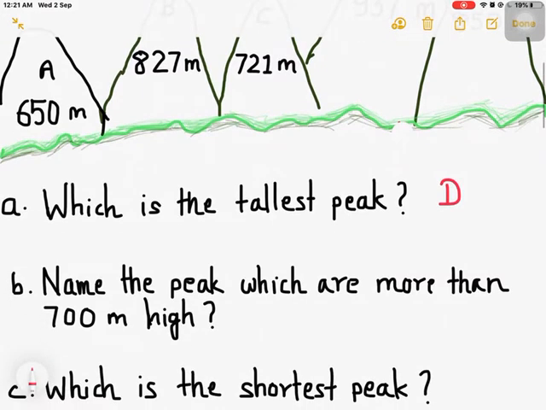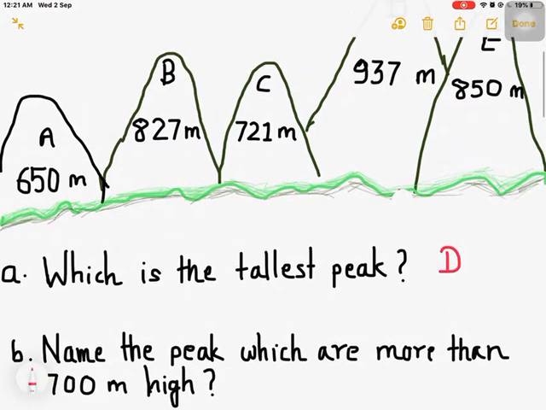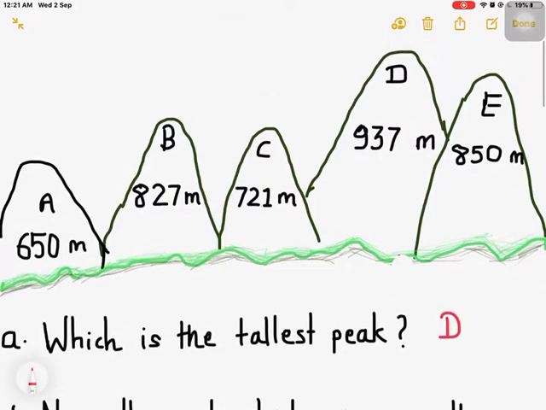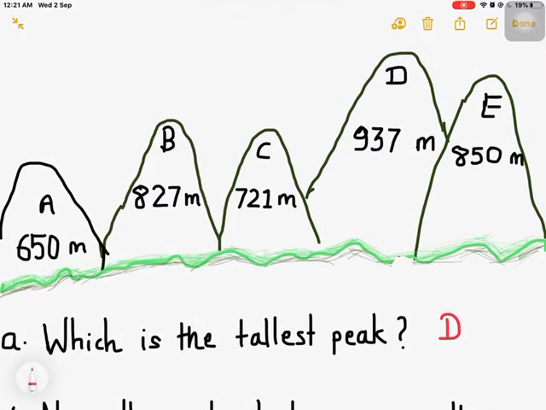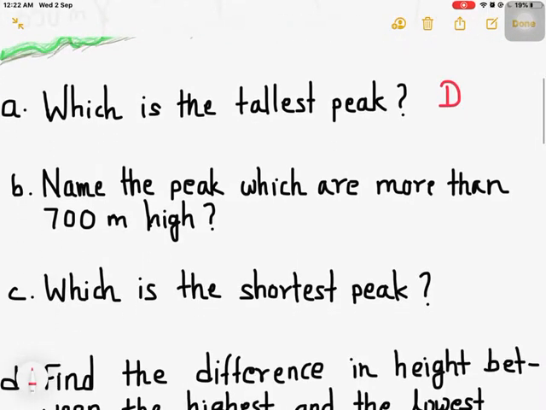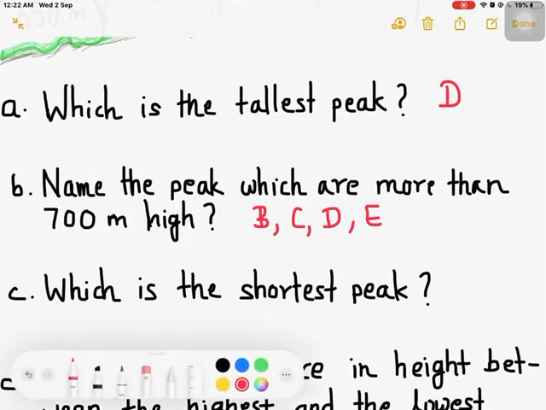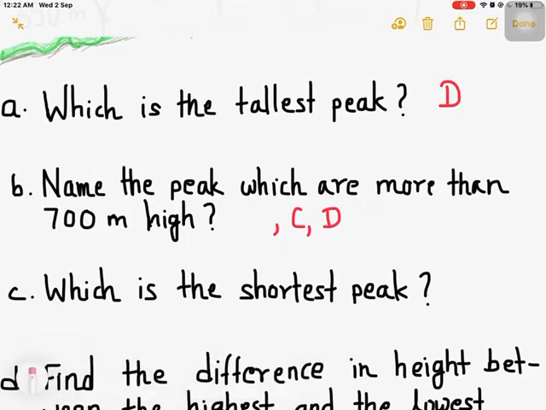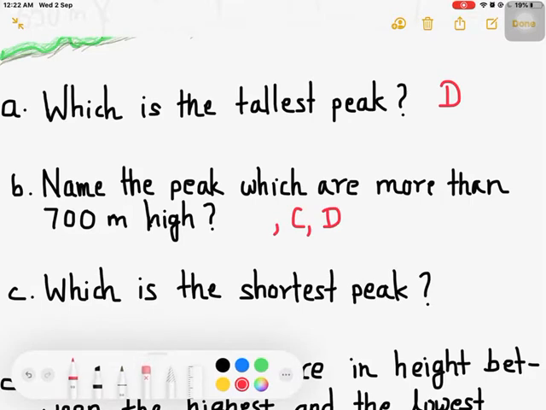We name the peaks which are more than 700. Here you can see more than 700. Which are more than 700? Of course, B, C, D and E. A is less than 700, so B, C, D and E. Okay, and you can write in this way.